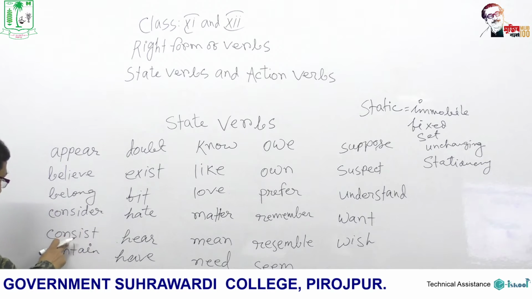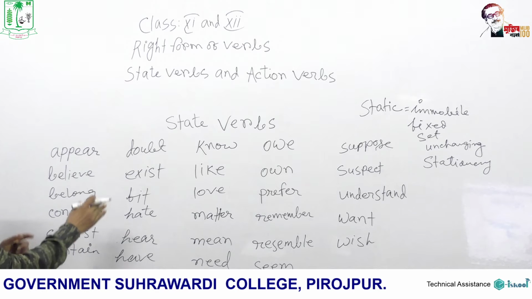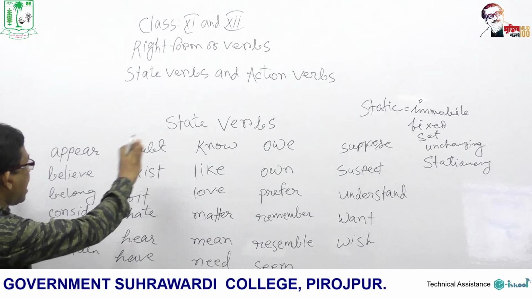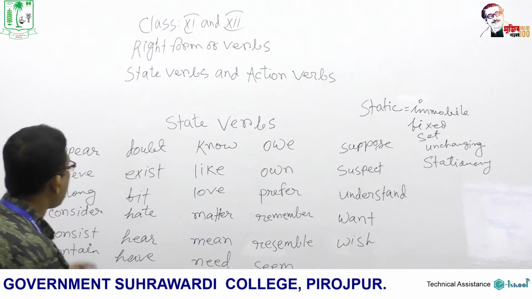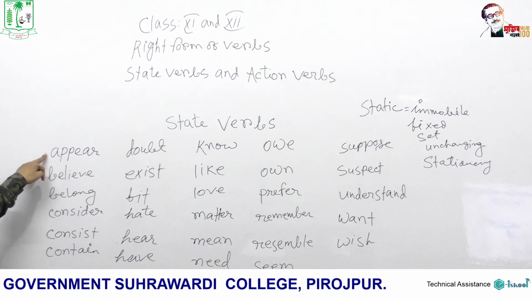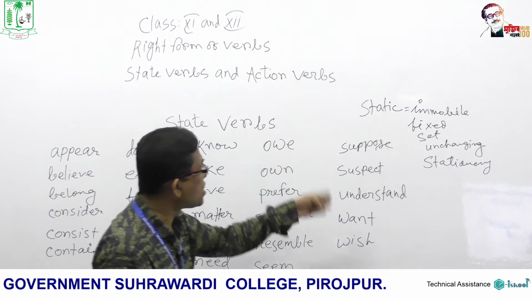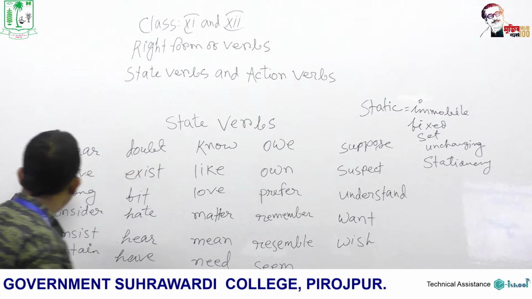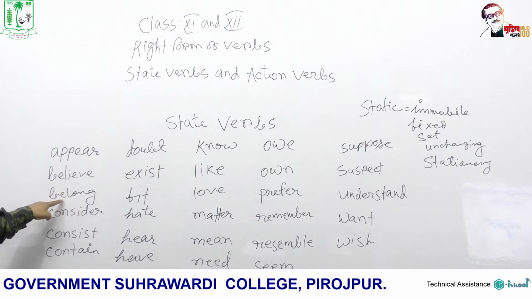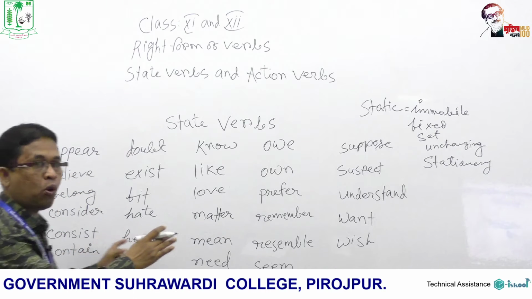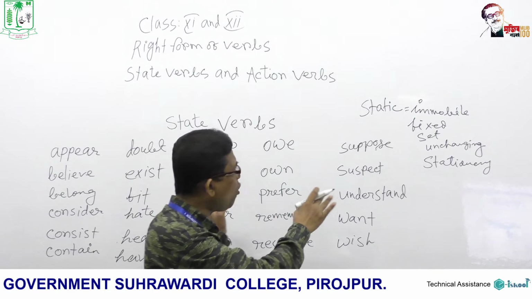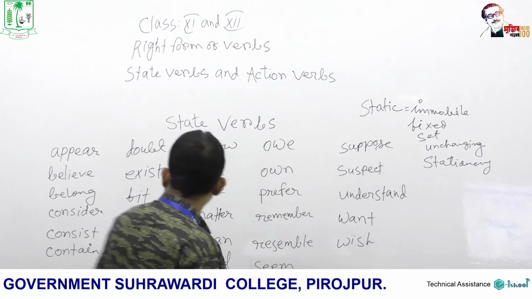Consider, consist, contain. If you notice, I have written these words alphabetically, that is with A and then B and then C. So, appear, believe, belong, you should memorize these words, just a few words, state verbs.